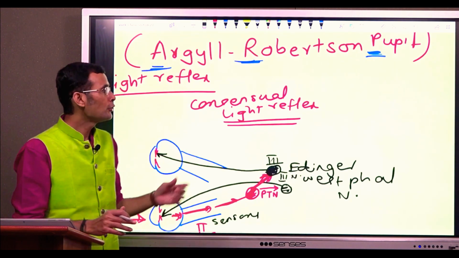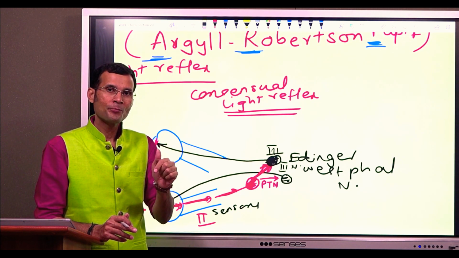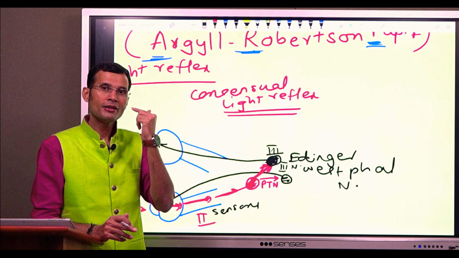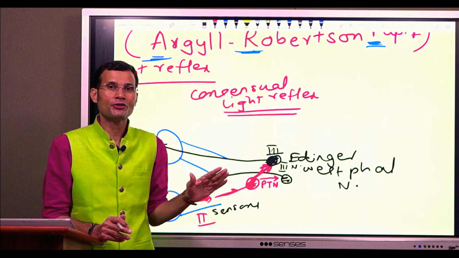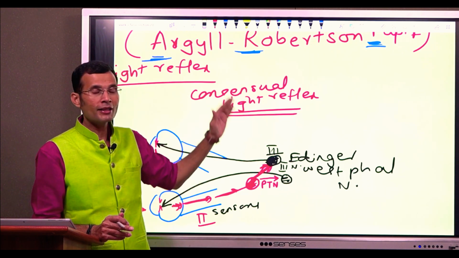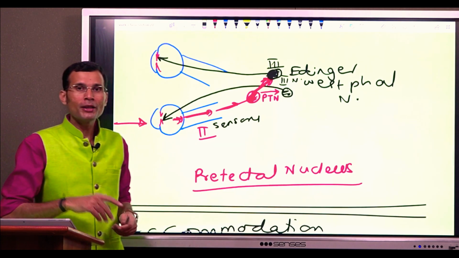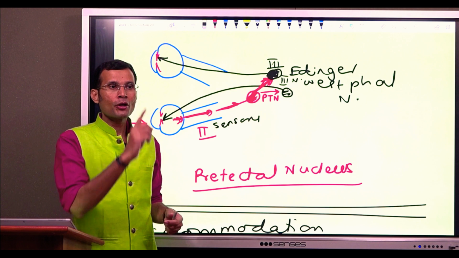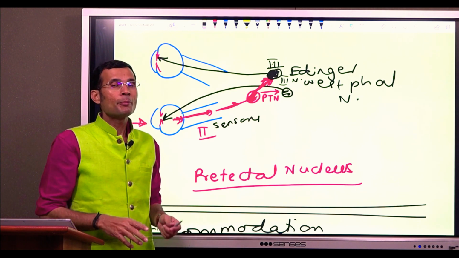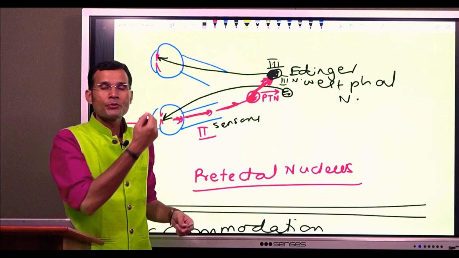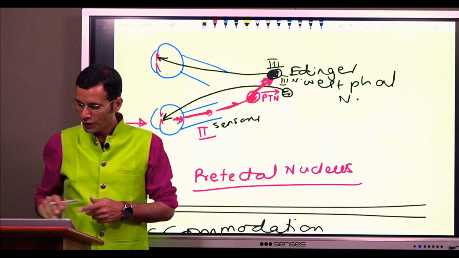Means what? When you throw the torch light on the retina, at that time the pupil will not constrict. Pupillary light reflex is absent. That's Argyll Robertson pupil. So, pupil is constricting when you are trying to look at the near object, but pupil is not constricting when the torch light is thrown in the eye.